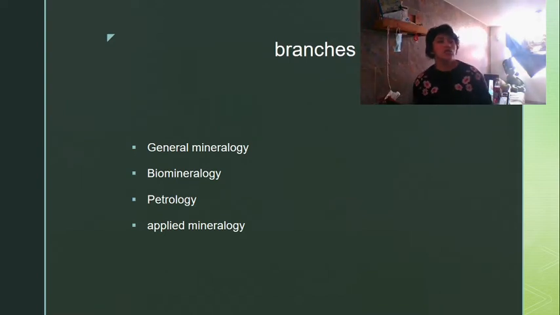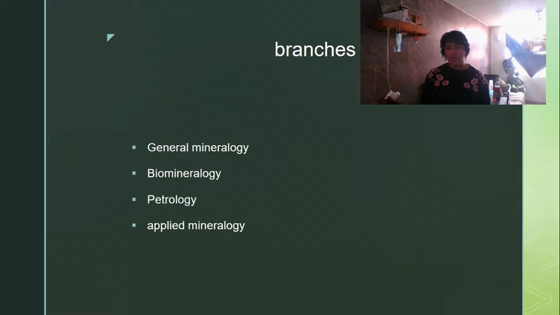Now, let's look at some branches of mineralogy. First, general mineralogy, the study of crystals, includes the study of the structure, morphology, chemistry, growth, dissolution, and physics of the crystal. Second, biomineralogy is the science of mineral substances that occur in humans, plants, and animals. Third, petrology is the study of the formation, properties, and alteration of rocks.